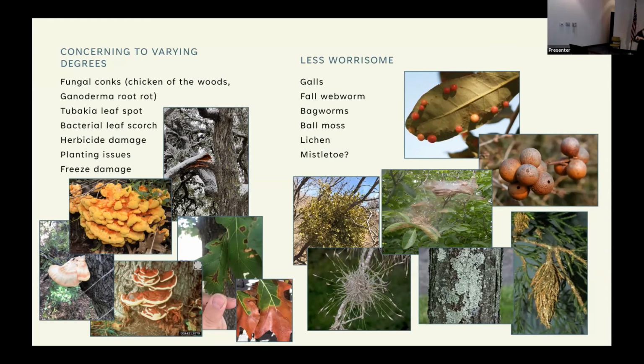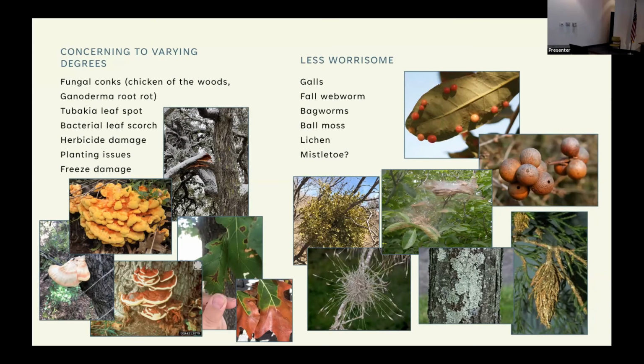You can sometimes get these though, like if you did cut a big limb off and there's that dead wood inside the cut, you can get these shelf fungus on just that part, the dead wood that is decaying, and that's less worrisome.